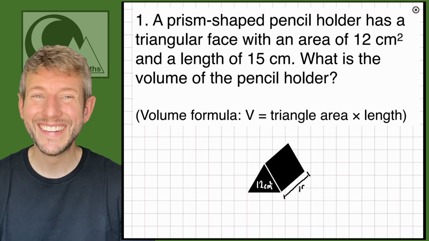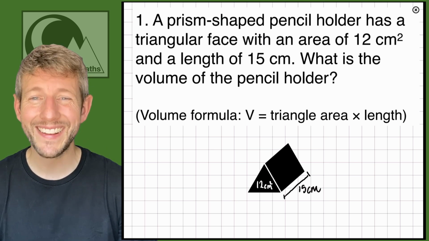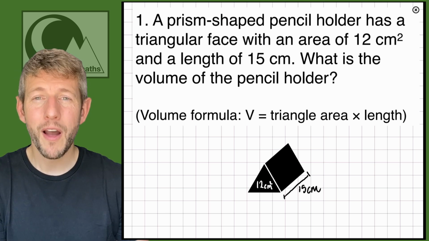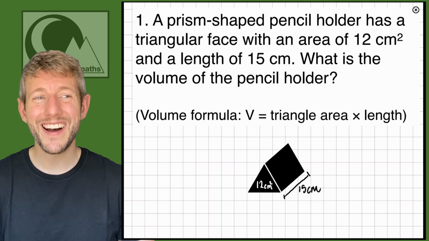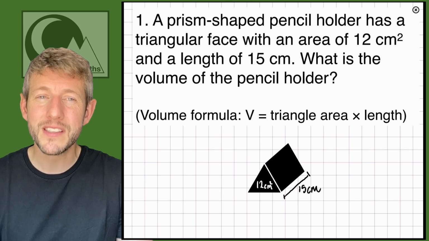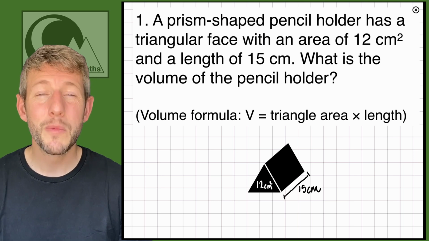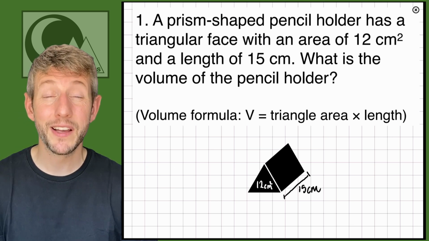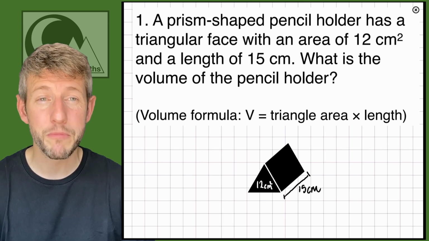So this is interesting. I've included this one, and it seems a little bit too generous, because sometimes they do actually just give you the formulas with words, so I don't want you to be thrown when that happens either. So I have included this worded formula. The volume equals triangular area times length, and this formula is actually common for any prism.